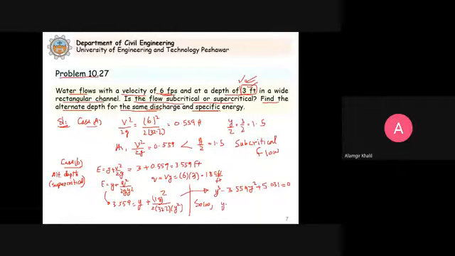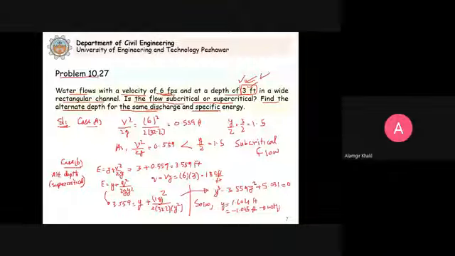You will get 3 roots. One is already 3, which is given here. The other that you will get will be equal to 1.604 feet, and the third will be the negative root, equal to minus 1.045 feet. As we already know, a negative depth is physically not possible.